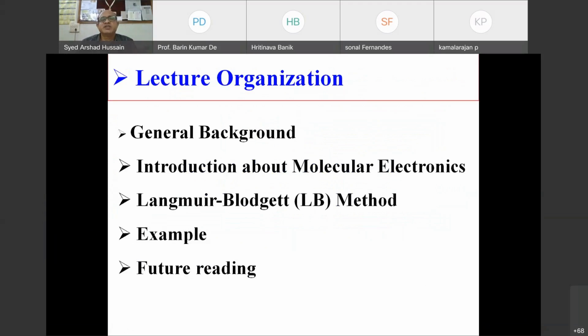Initially, I will give a small background of my topic, then some introduction about molecular electronics, and then about the Langmuir-Blodgett method, and at the end I will highlight some applications of LB systems towards molecular electronics. Okay, and I also share some references for further reading.